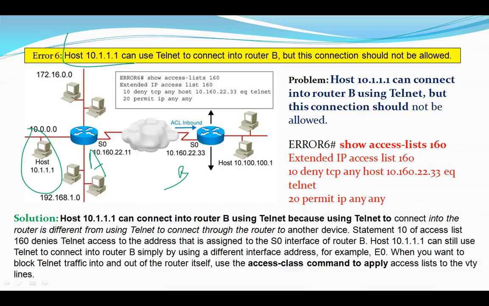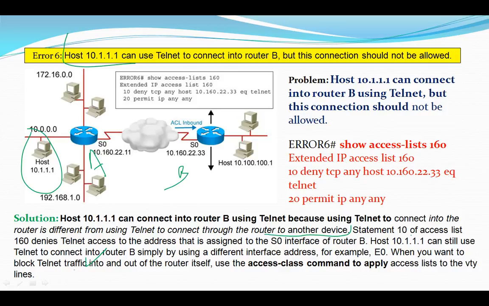So what we have to do here: host 10.1.1.1 can connect into router B using telnet, because using telnet to connect into the router is different from using telnet to connect through the router to another device. This is one thing.